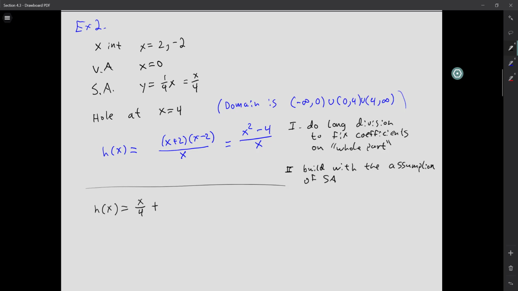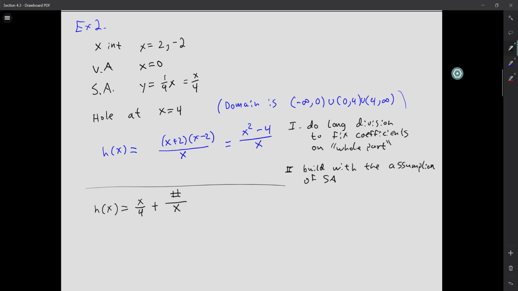to be the whole part. What has to come next is a fraction part. And I don't know what number goes on the fraction part, but I do know that I need to have a vertical asymptote at x equal to 0, which means I need to divide by x.